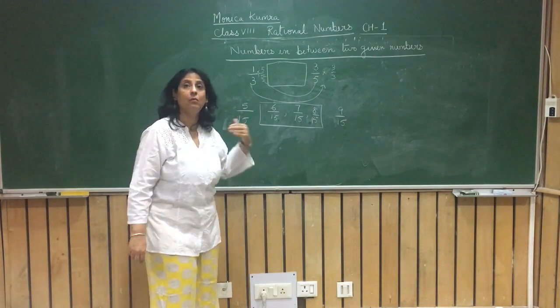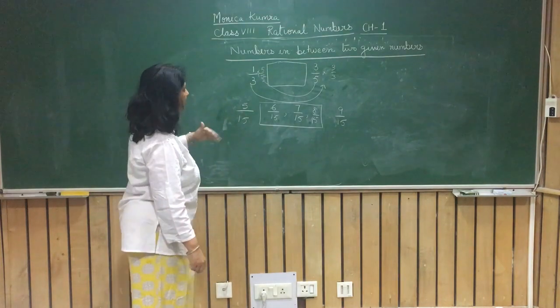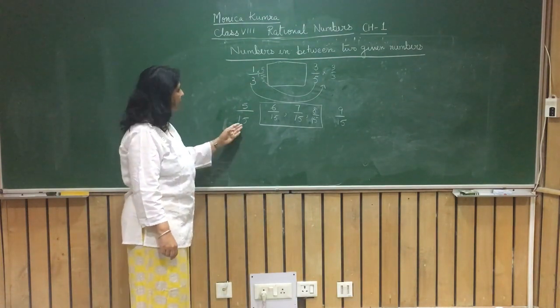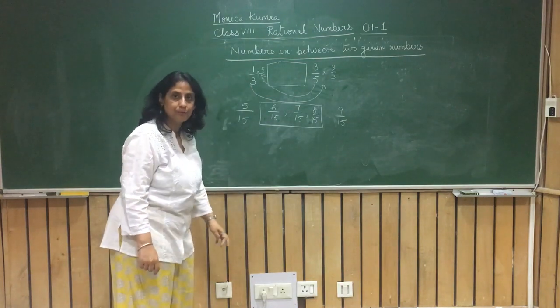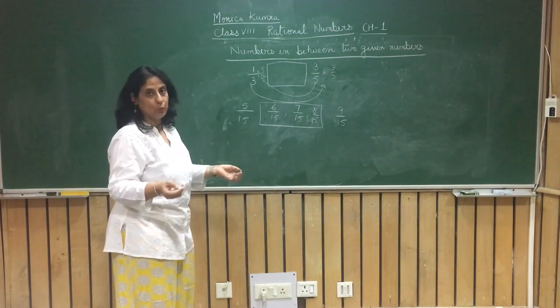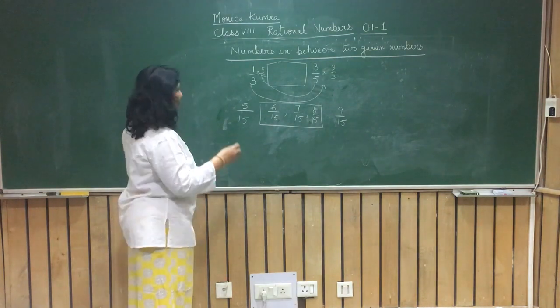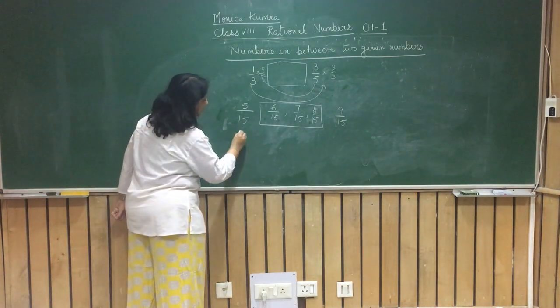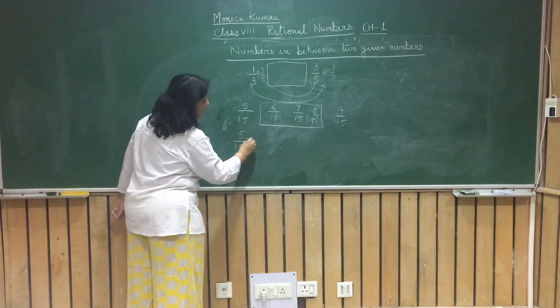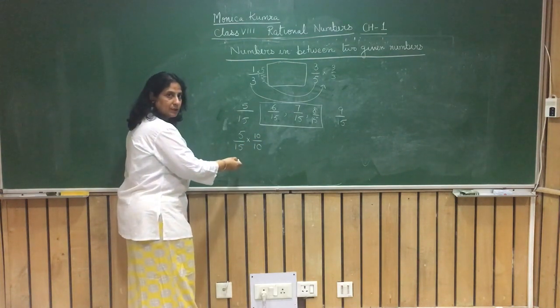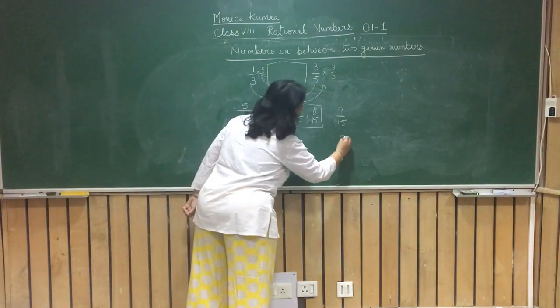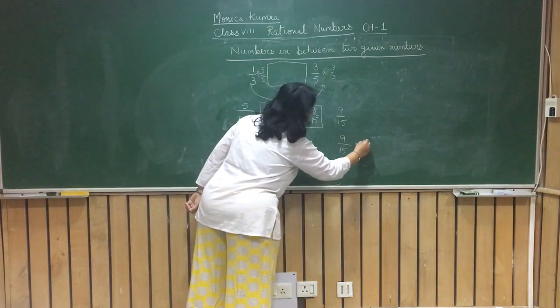Now, if I want more numbers between 1 by 3 and 3 by 5, what do I need to do? Just look at the board. I will multiply this by 10 so that the denominator becomes 150, and here also I need to multiply.